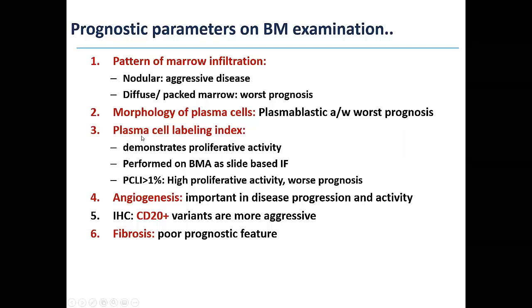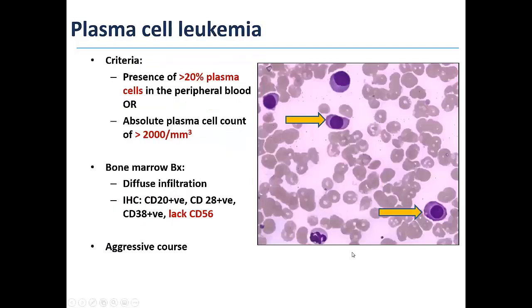Plasma cell labeling index was done earlier, but nowadays it is not carried out. Angiogenesis was carried out to see the disease progression and activity. Now it is not done. Now we do CD20. There are some variants that are CD20 positive, especially the lymphocytic type, which carry a better prognosis. Fibrosis in multiple myeloma is associated with a poor prognosis.